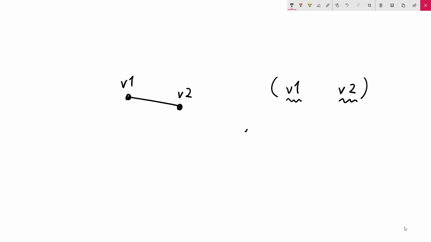Say v3 and v4. Let's say that this is your interface. Then what you have to do is provide a list of edges. So it should be v1, v2, v2, v3, and v3, v4. That should be your answer.